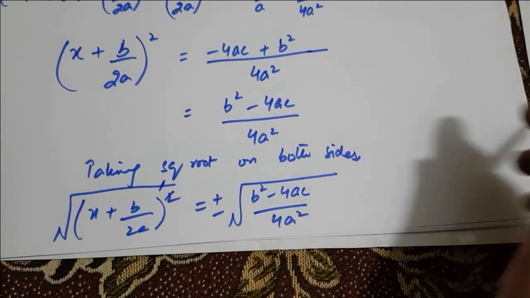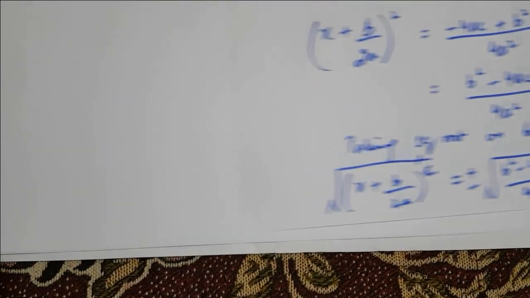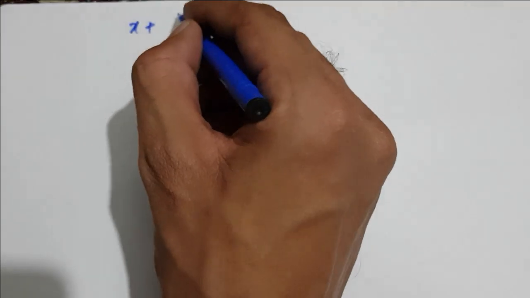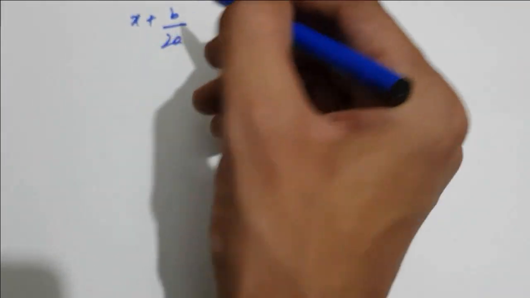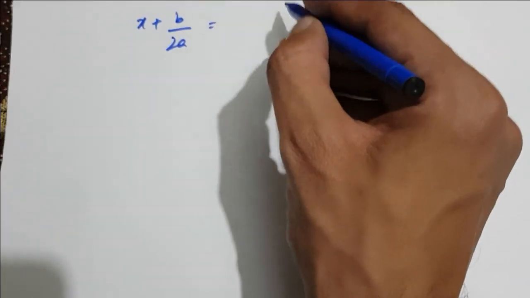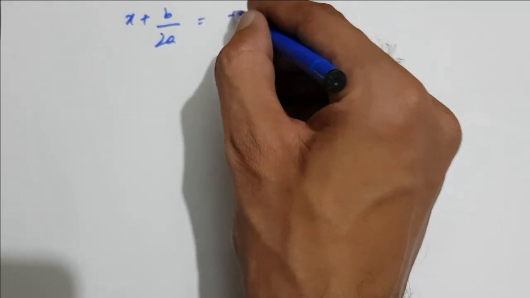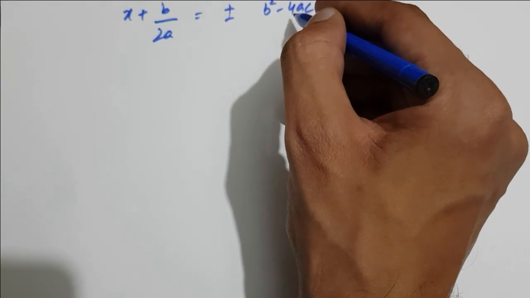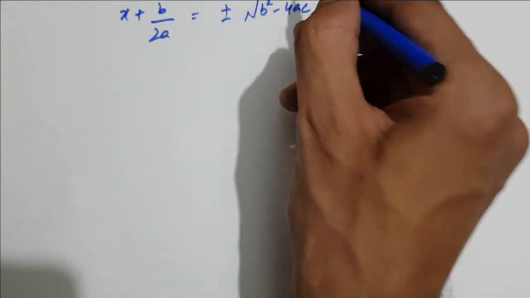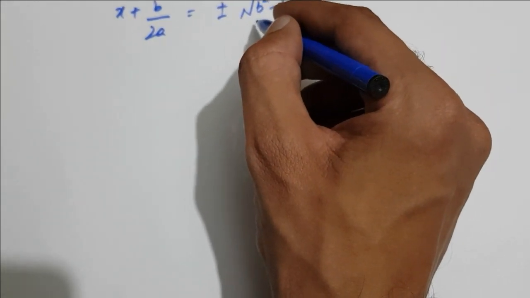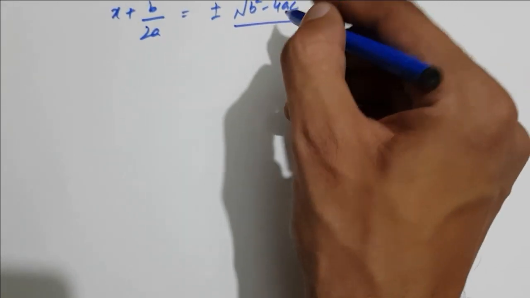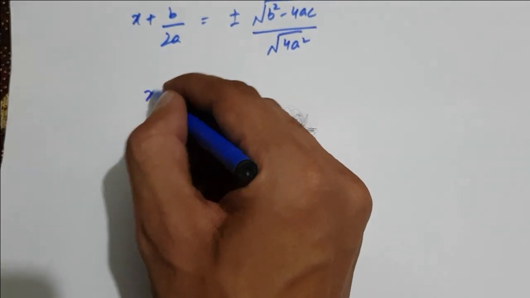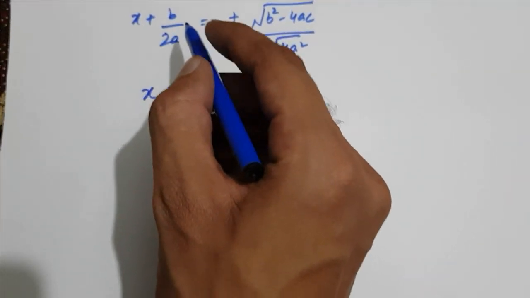Cancelling the square and the radical sign, we get x plus b over 2a on the left hand side, and on the right hand side plus minus square root of b squared minus 4ac over 4a squared.